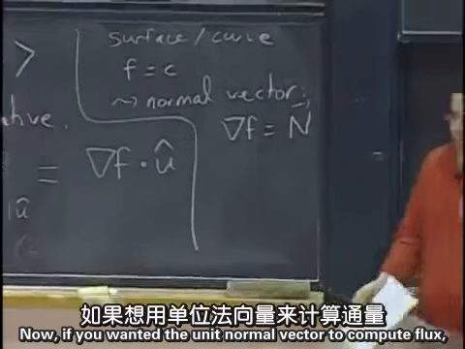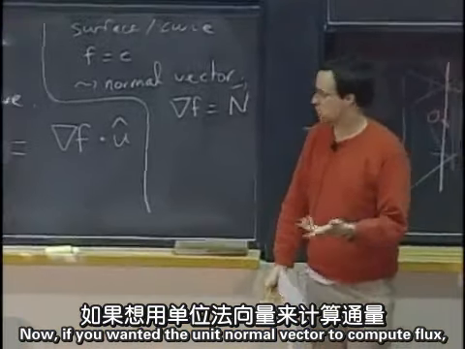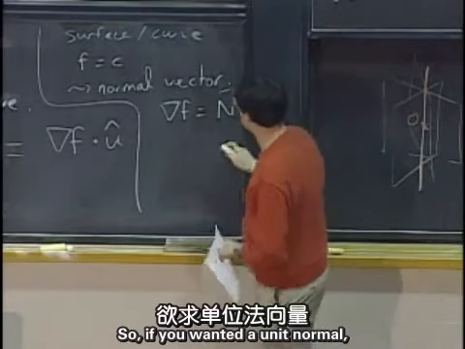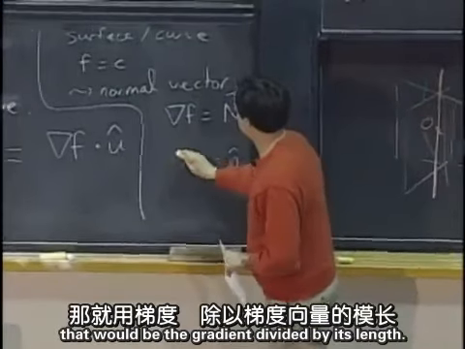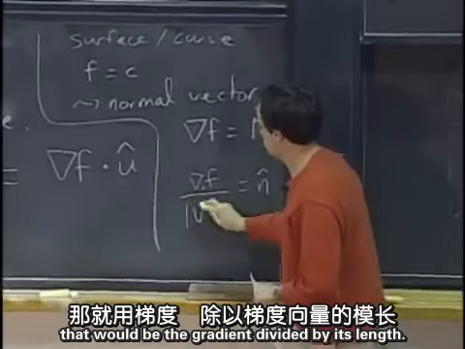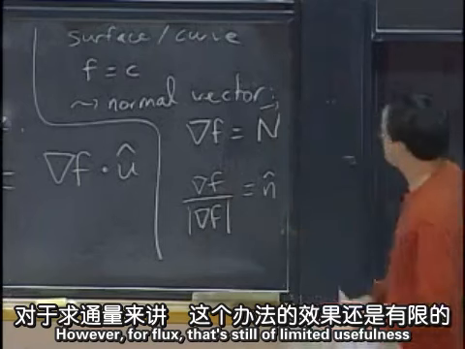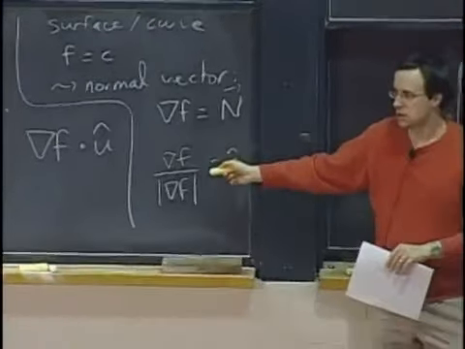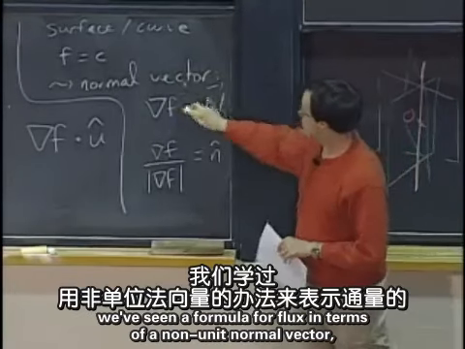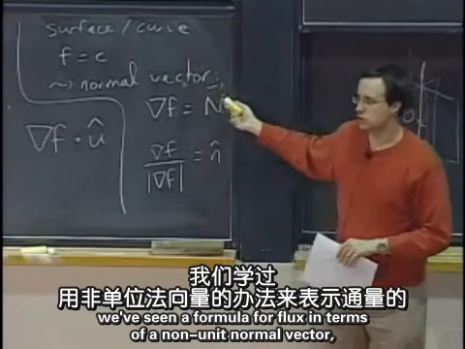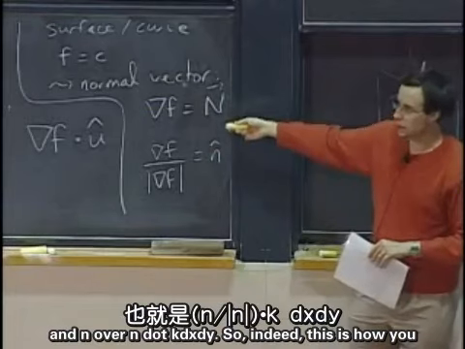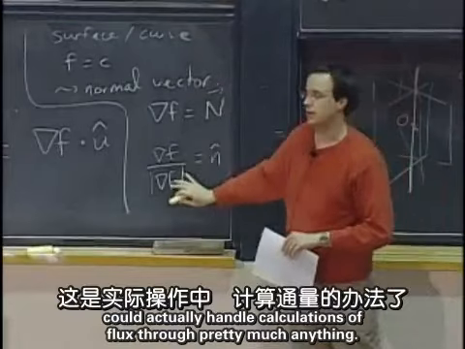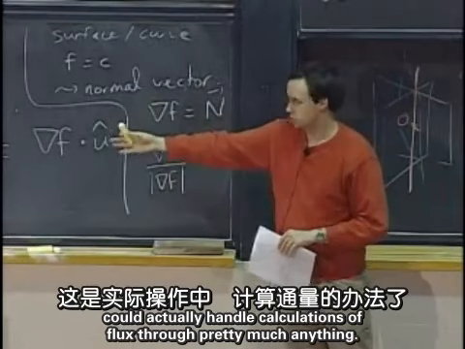Now, if you wanted the unit normal vector to compute flux, then you would just scale this down to unit length. So a unit normal would be the gradient divided by its length. However, for flux, that's still of limited usefulness because you would still need to know about dS. But remember, we've seen a formula for flux in terms of a non-unit normal vector, N over N dot k dx dy. So indeed, this is how you could actually handle calculations of flux for pretty much anything.